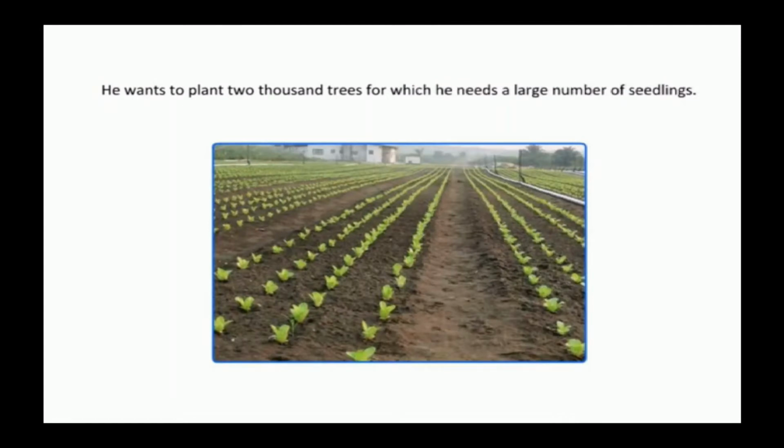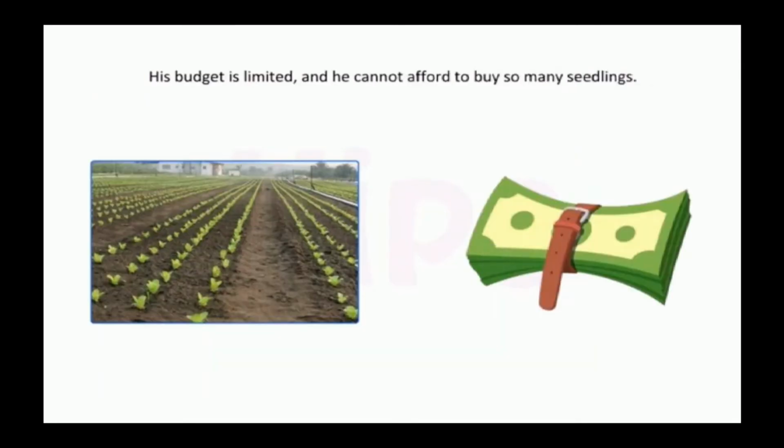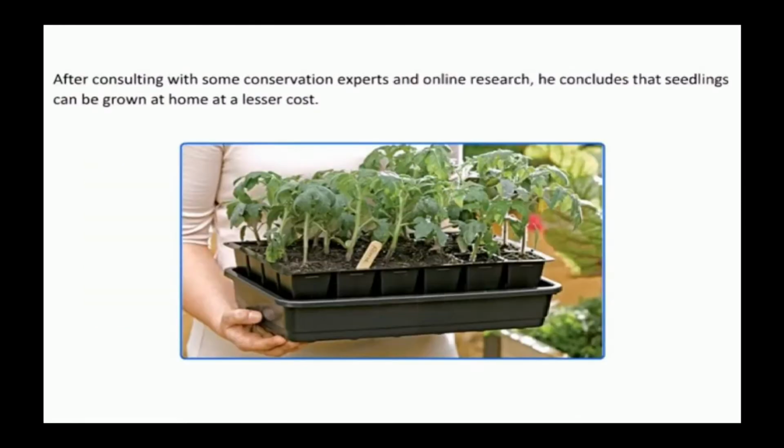He wants to plant 2000 trees, for which he needs a large number of seedlings. His budget is limited and he cannot afford to buy so many seedlings. After consulting with some conservation experts and online research, he concludes that seedlings can be grown at home at a lesser cost.